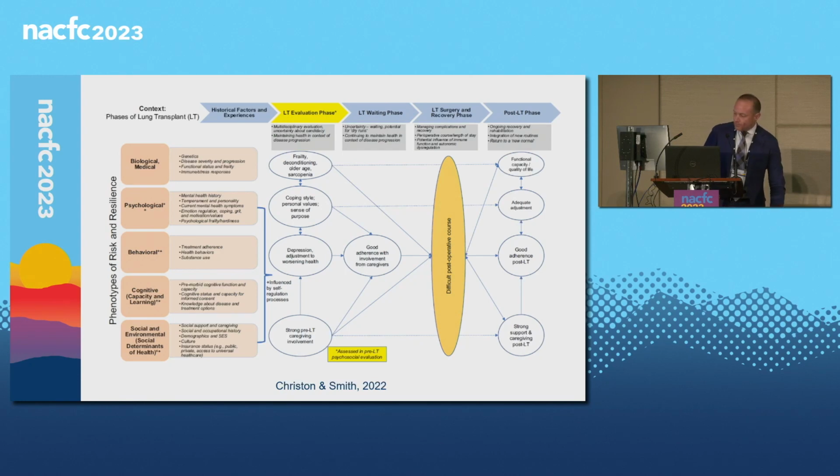The other thing worth mentioning is that the importance of coping varies across the phases of the transplant process. My colleague Lily Christland and I did a review after the last consensus guidelines, looking at different parts of the transplant process and when some of these behaviors have a more relevant impact.